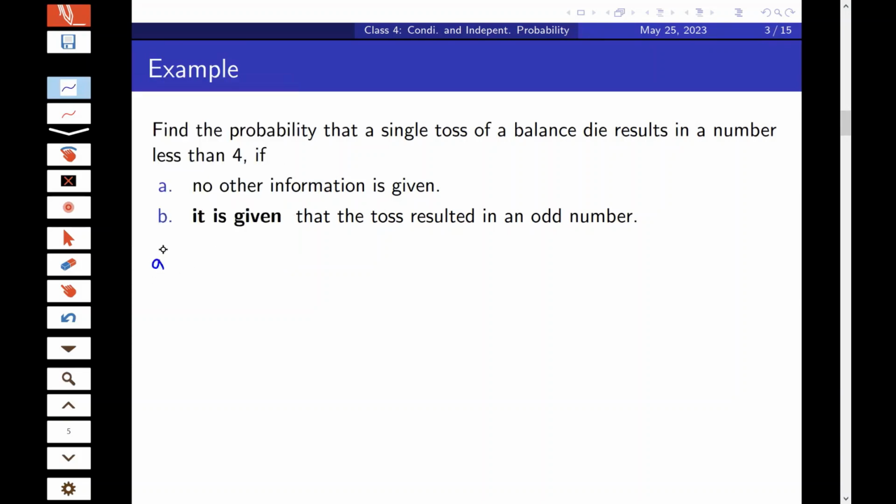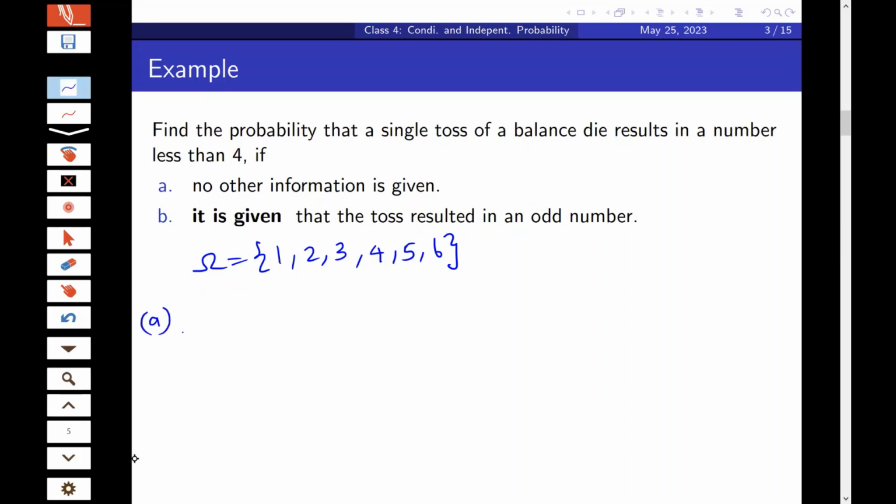In part A, we don't want any conditional part because no other information is given. This is a single toss. If you toss a single die once, you will get a number between 1 to 6, because in a standard die we have 1 to 6. So this is the sample space.